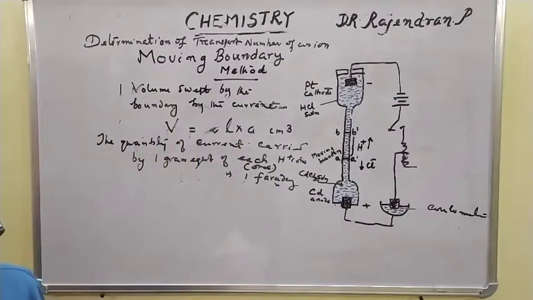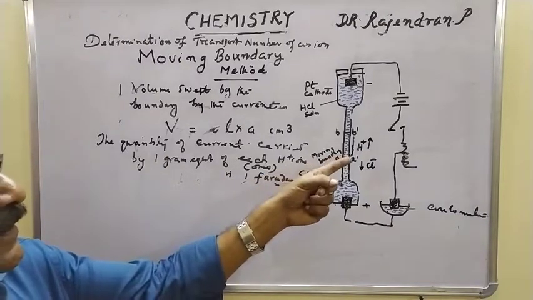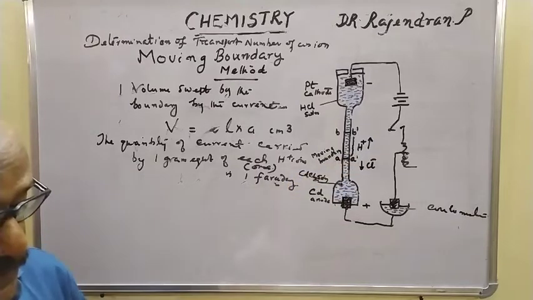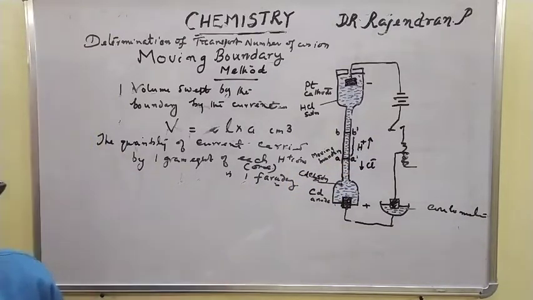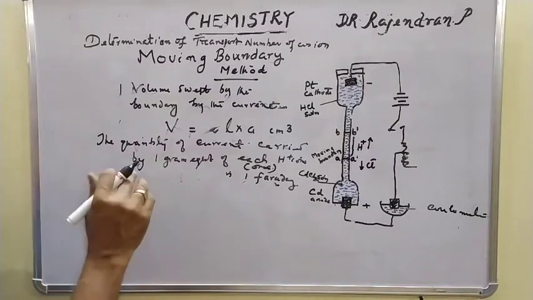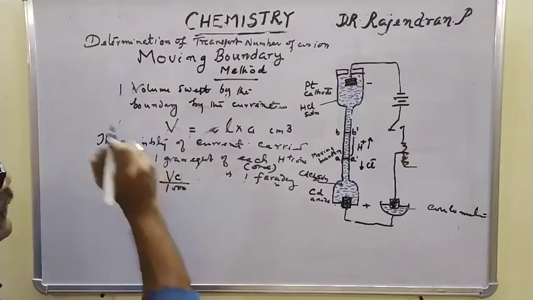You have to remember the quantity of current carried. The number of gram equivalents present in V cc of the solution is Vc by 1000.